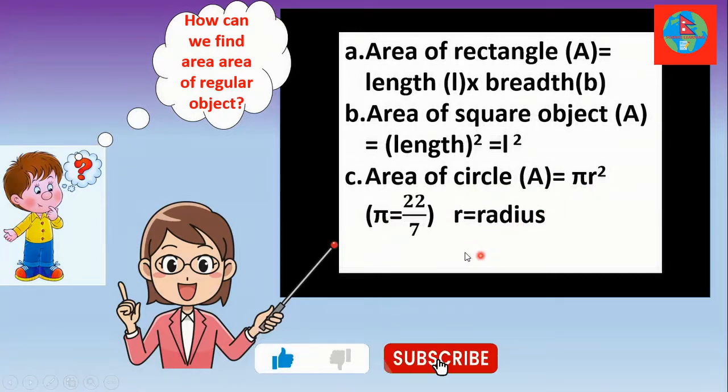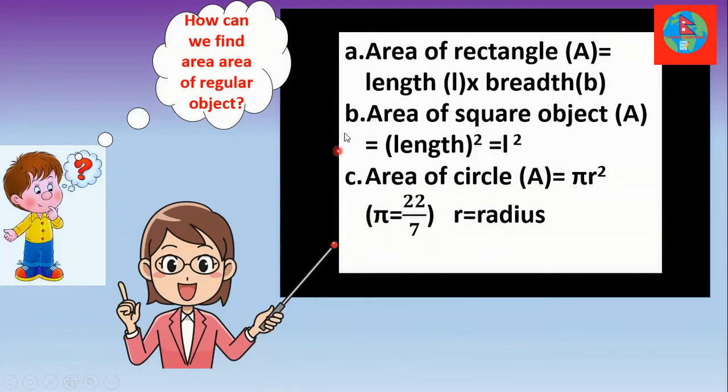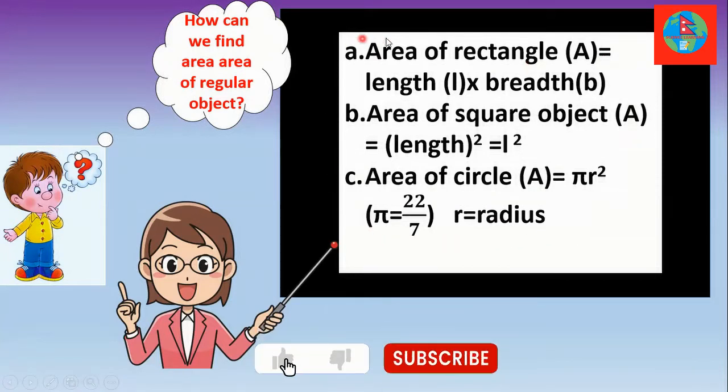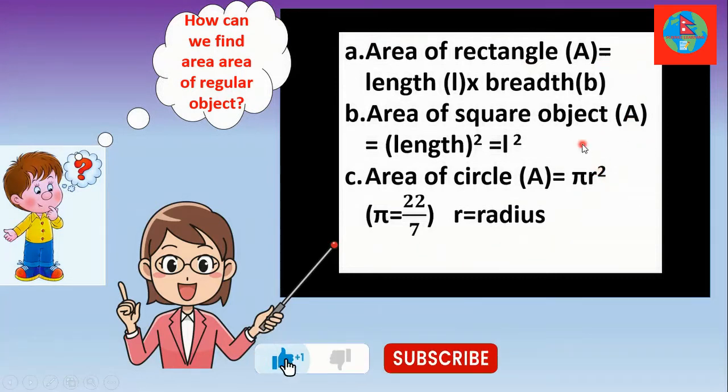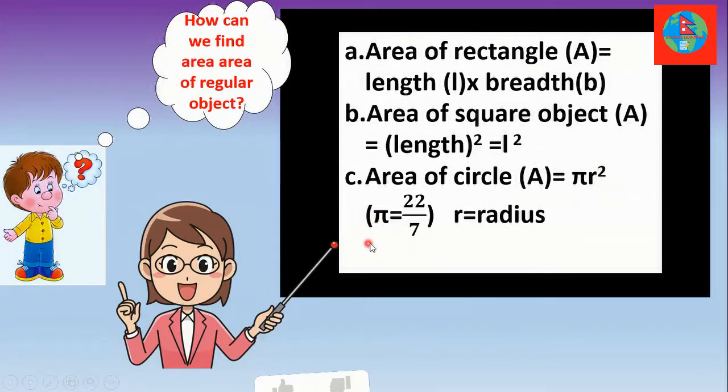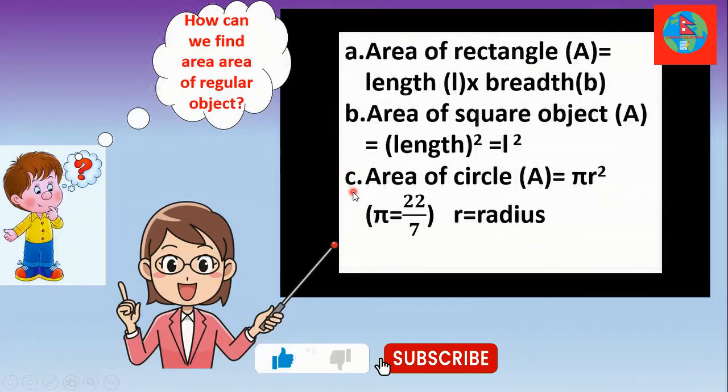You keep it in your mind. These are the key points for doing the numericals. If we don't know these formulas, we cannot find the area of regular objects. That's why these formulas are very, very important.